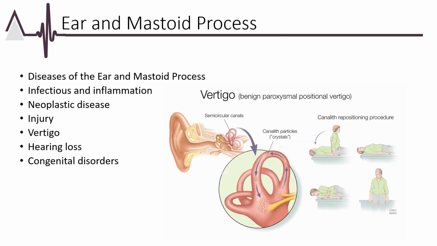Most of the diseases listed that impact the ear and mastoid process are listed here. Vertigo is a type of dizziness that is characterized by a sensation of spinning or movement even when a person is stationary. It is often described as feeling like the room is spinning around you or feeling like you are spinning or moving when you are actually still.